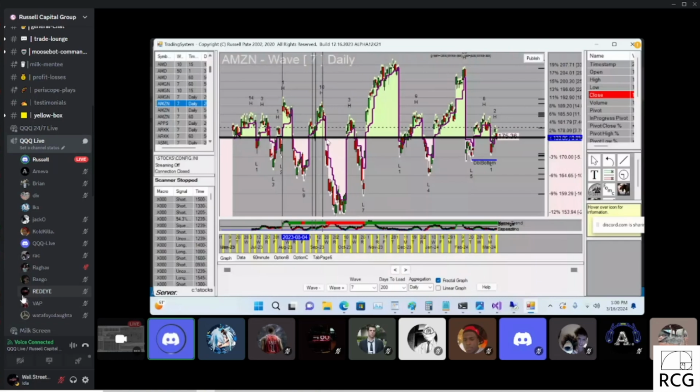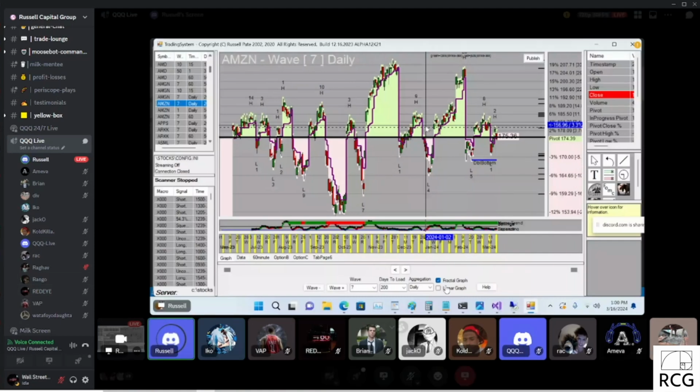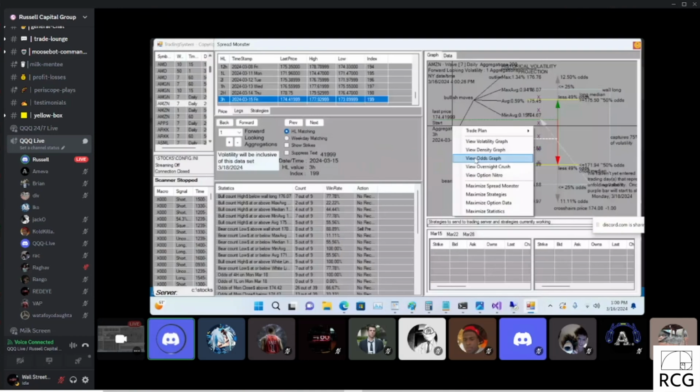If I look at it through here, it's even showing on the 7 that we're up too high, that it needs to come down into the price range.